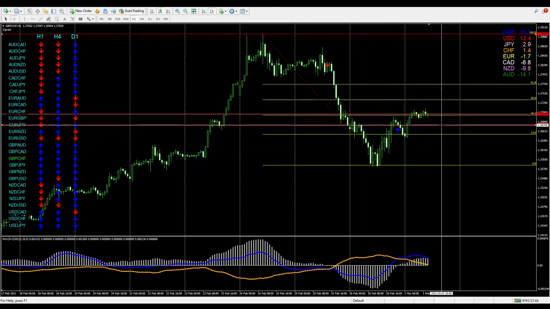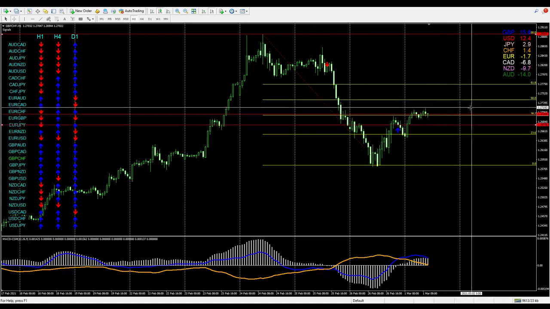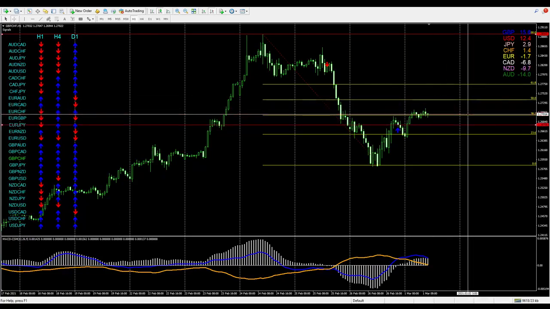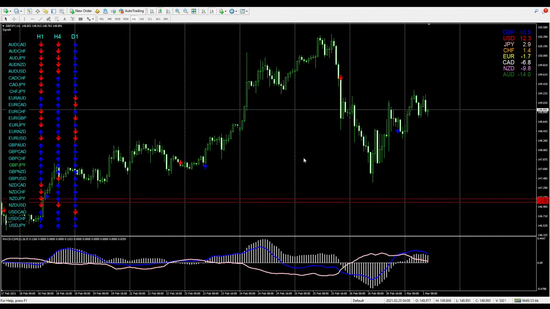So at least for those who traded last Friday, you would have a target profit of 220 pips. And for those who are watching us right now live, a little less than 200 pips. That's your target profit for GBP CHF. So this is a valid entry for everyone for today.